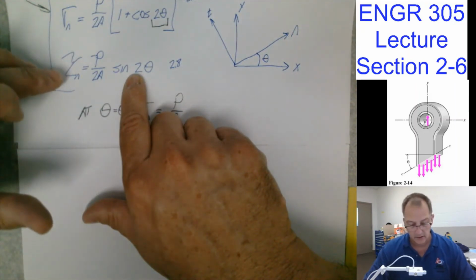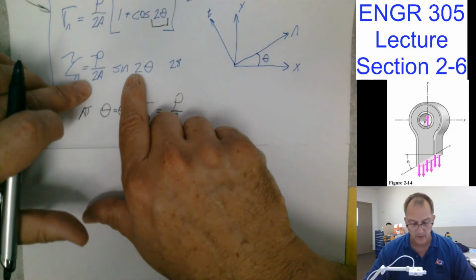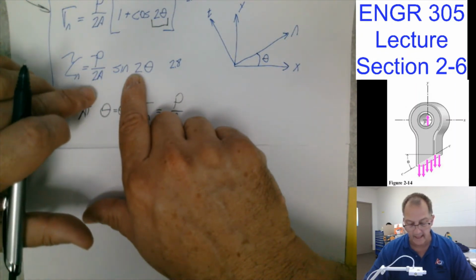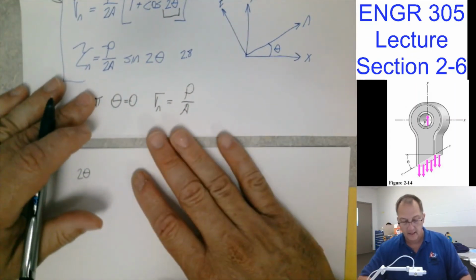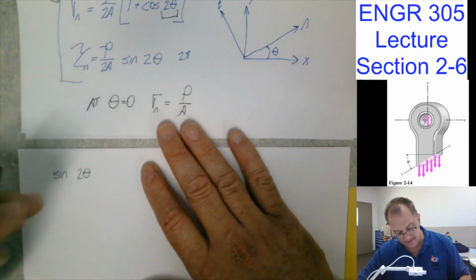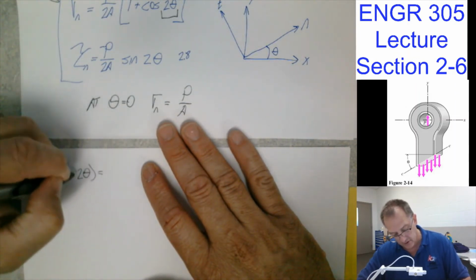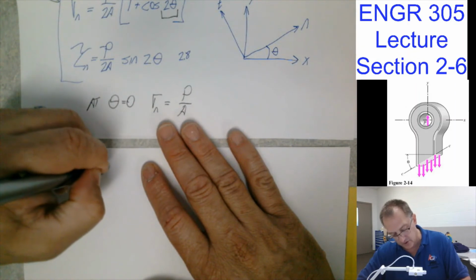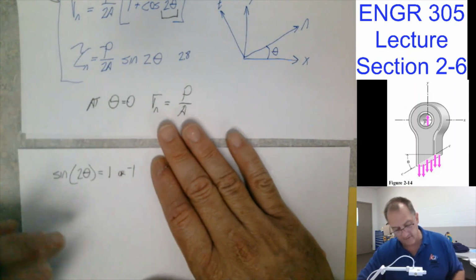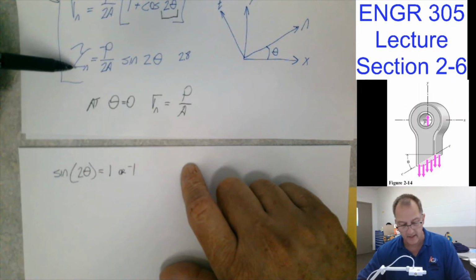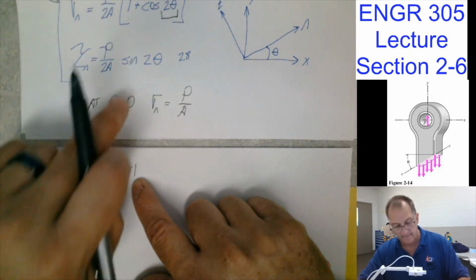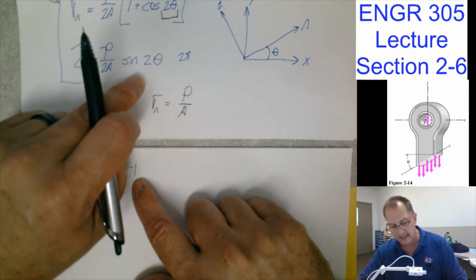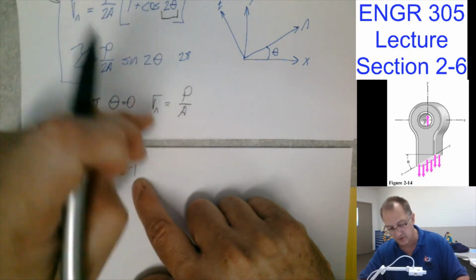Well, we want sine of 2 theta to be equal to 1 or -1. That's when that shear force is going to be the maximum. And that's going to take place when, because it's now 2 theta, sine would be the maximum at 90 degrees. And so because it's 2 theta, now it's 45.